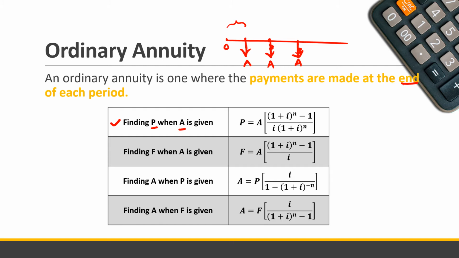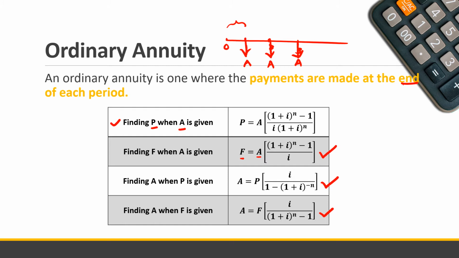These are the corresponding formulas, but you can memorize only these two, so that if you are finding A given F, you can reverse the formula and it will be this equation.